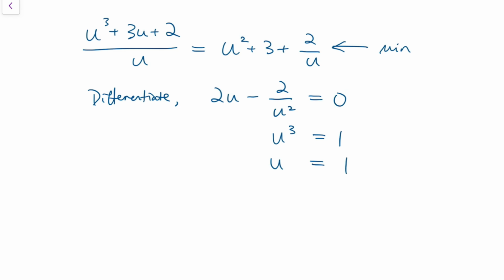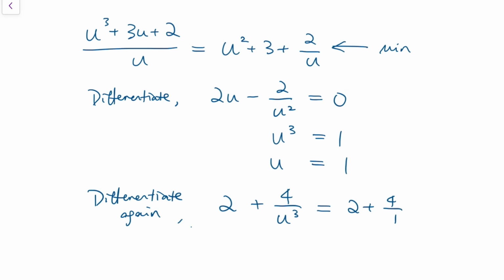We can also further test that this is indeed the minimum by differentiating again, which gives 2 plus 4 over u cubed, and that should be equal to 2 plus 4 over 1, and that's positive. That means it's really a minimum by the second derivative test.